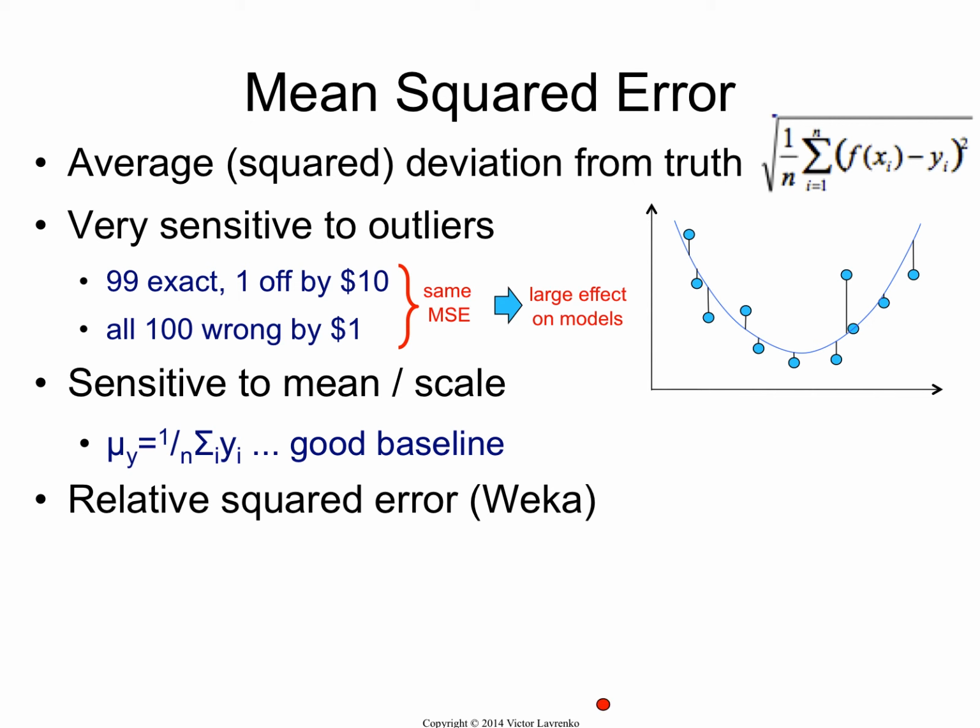Now, what happens if I introduce one outlier right there? What that outlier will do is now my system will try to fit that outlier. And the problem is, if you look at the difference between the true value and the predicted value, it's humongous compared to everything else. So what my system will do is it'll try to minimize that, the regression system.